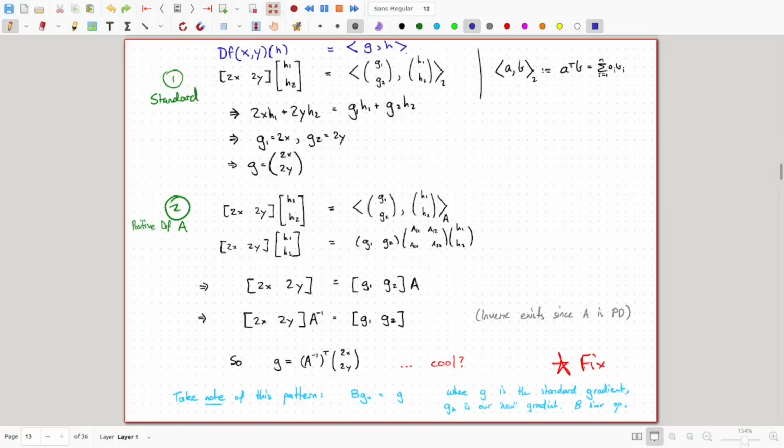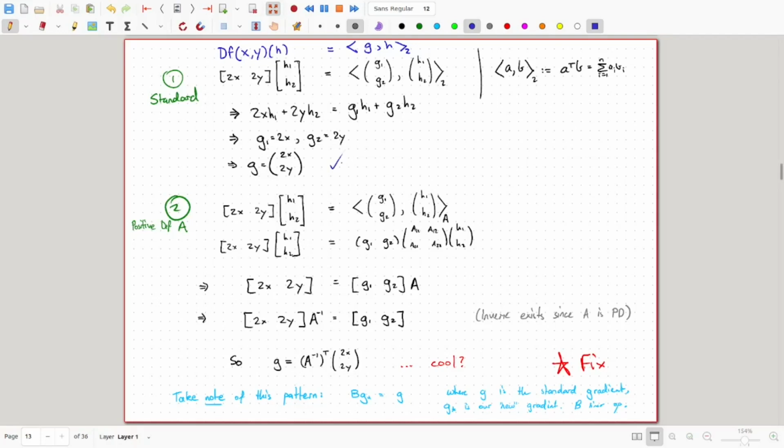And we're choosing the standard inner product. You can expand both sides looking at their definitions, and then you can figure out what the g vector will be, and therefore what the gradient is. In this case, it is 2x, 2y, which agrees with what we would have found if we just did it the normal boring way.